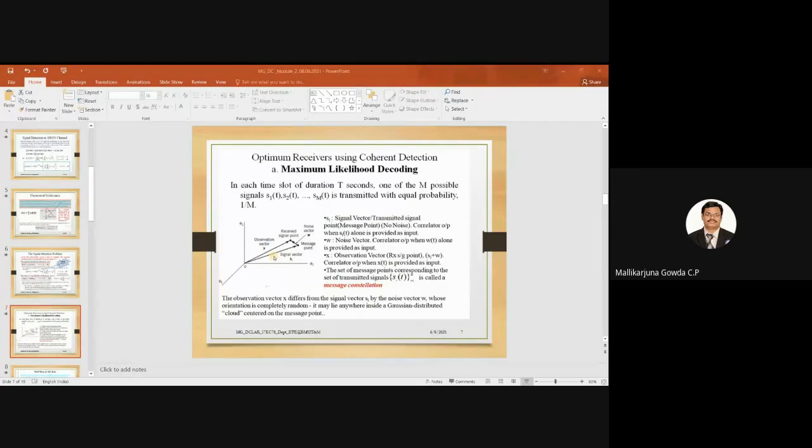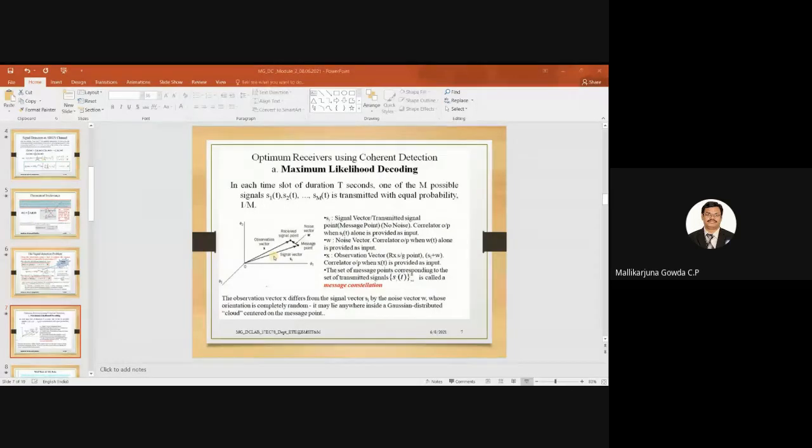Just have a look here. I am considering a time slot, that is the symbol duration, which is equal to T seconds. I will be transmitting one of the M possible signals in that duration.